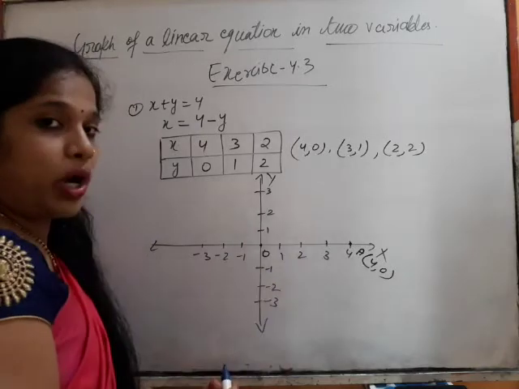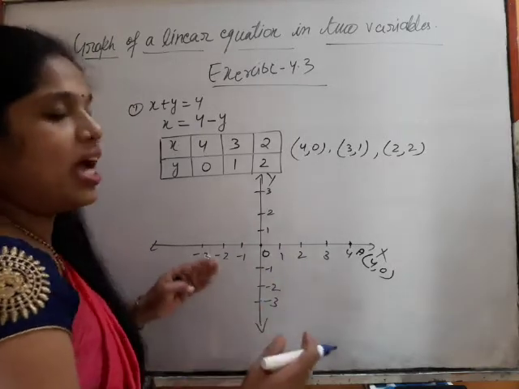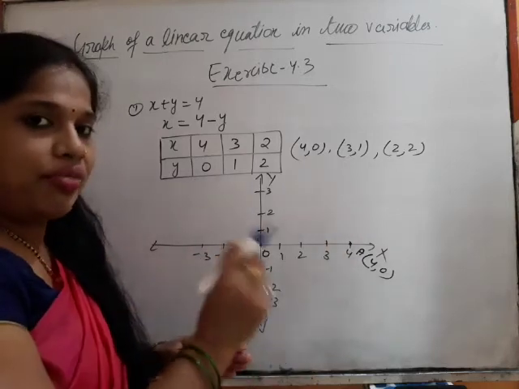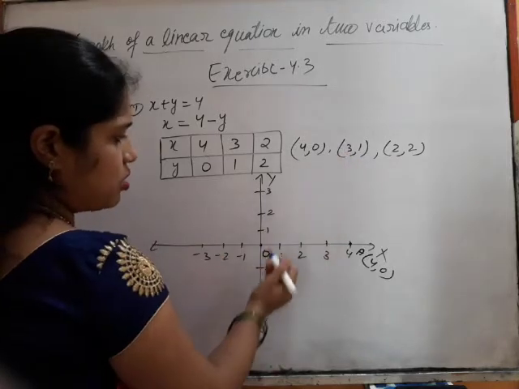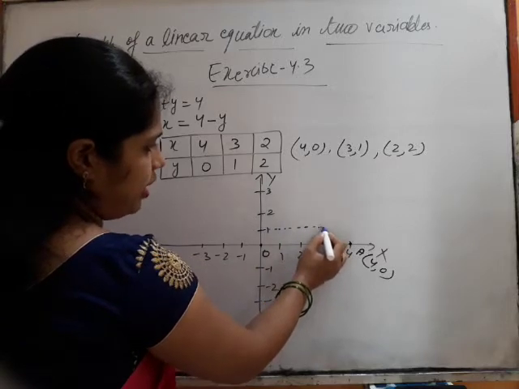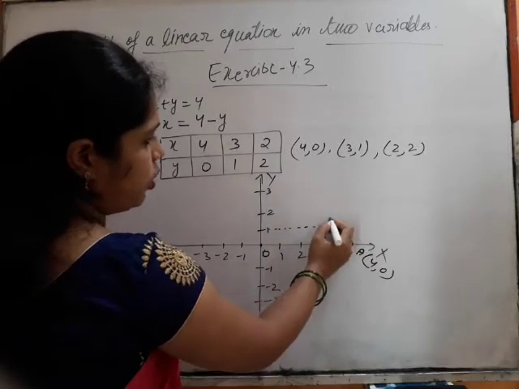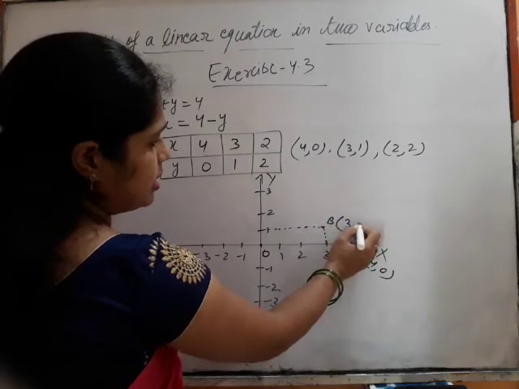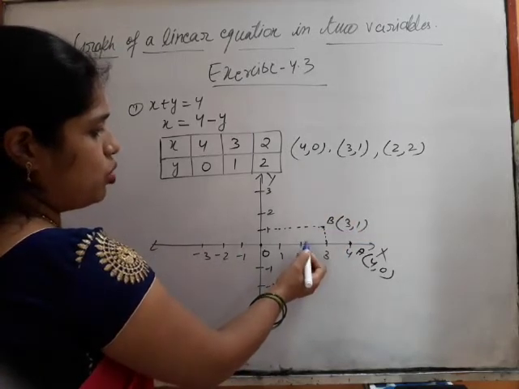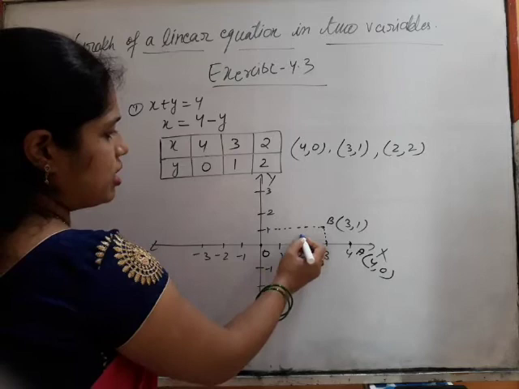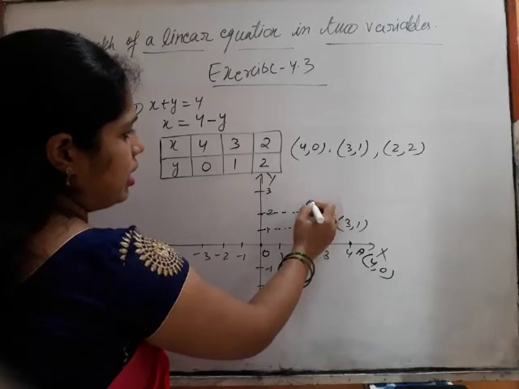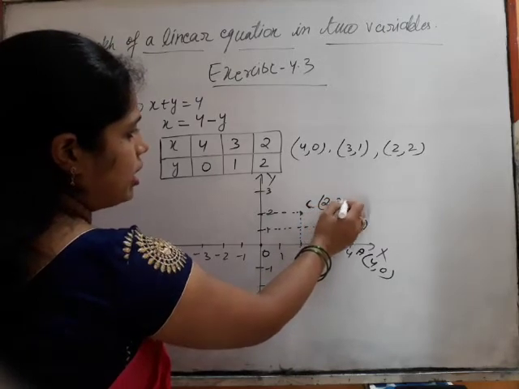To get that point, we draw perpendiculars from both the axes, and where those perpendicular lines meet, that point has this coordinate. Roughly I am drawing; this point is B, with coordinates 3 and 1. The last one, the value of x is 2 and the value of y is also 2. Drawing the perpendiculars, this will be the point C, whose coordinates are 2 and 2.